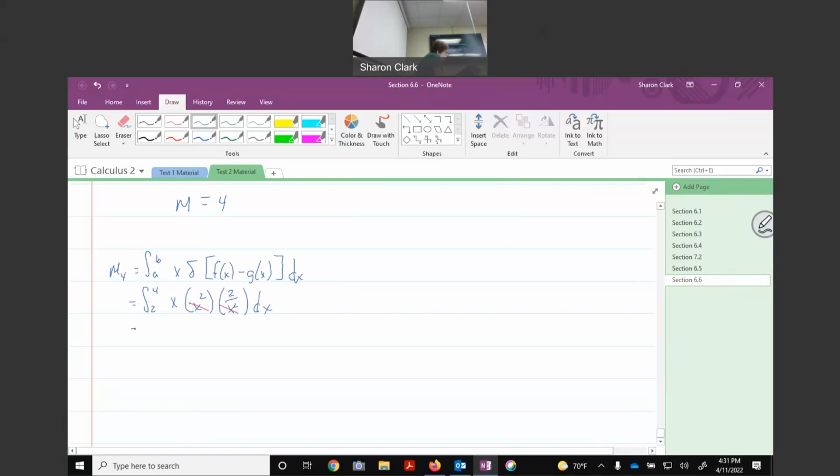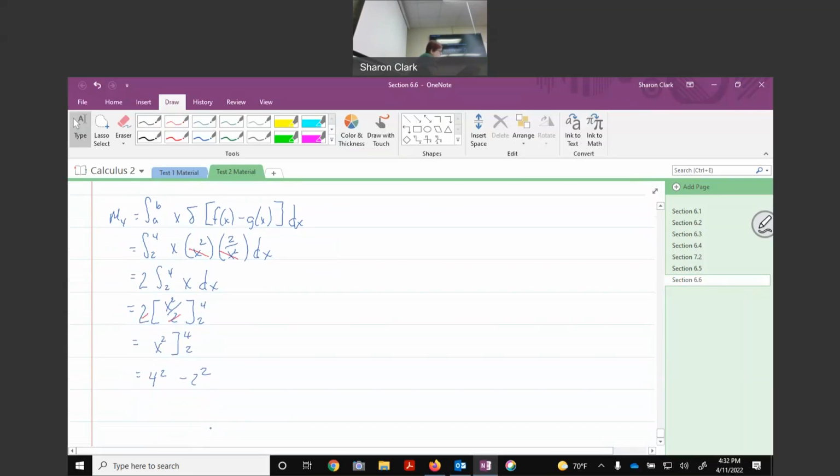I've got 2 integral 2 to 4 of x dx. That's 2 times x squared over 2 from 2 to 4. The 2's cancel. That gives me x squared from 2 to 4. So that's 4 squared minus 2 squared. That's 16 minus 4, which is 12.